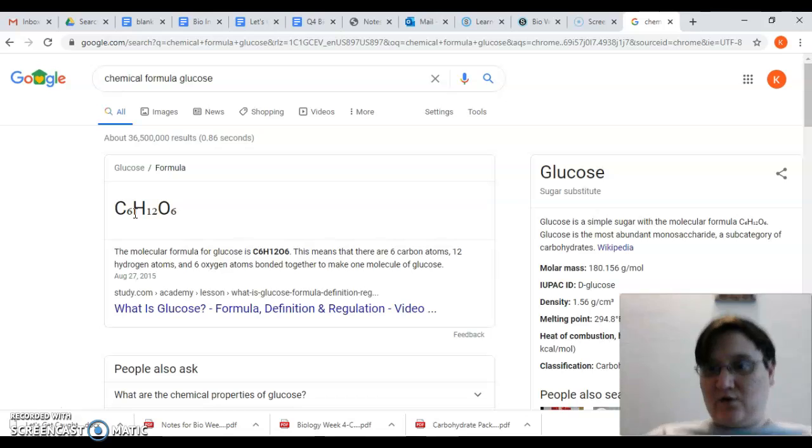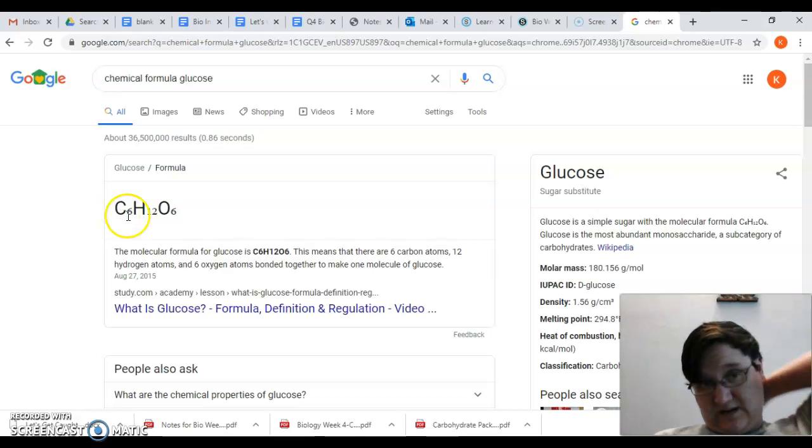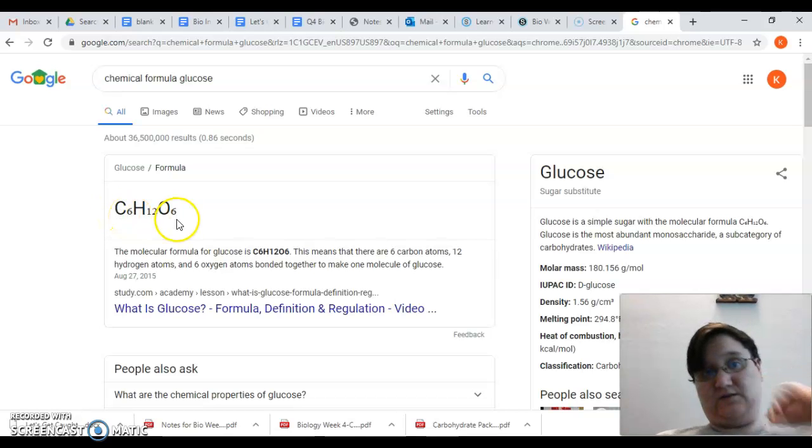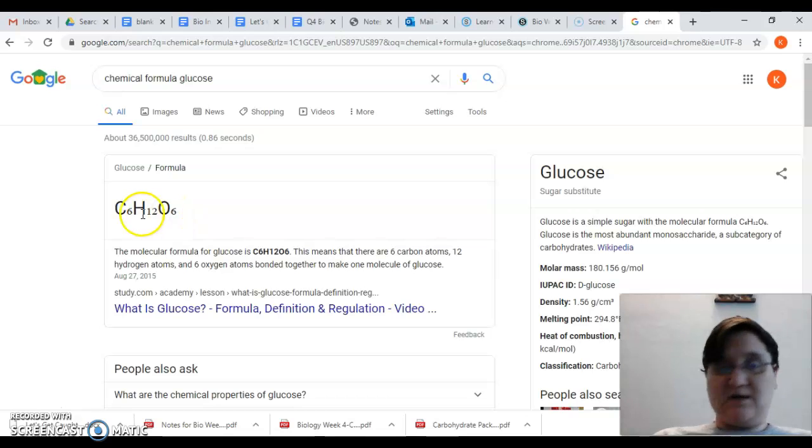For any carbohydrate, you'll always have double the H's than the C's and the O's. So if I give you 12 hydrogens, if it's a carb, you'll know that it's got 6 carbons and it's got 6 oxygens, because there's always going to be double the H's than there are carbons and oxygens.